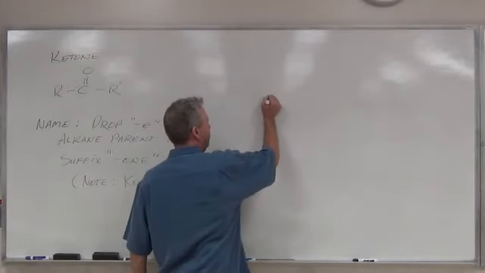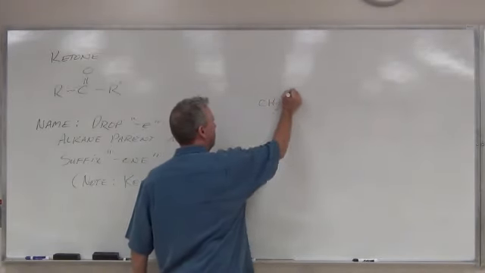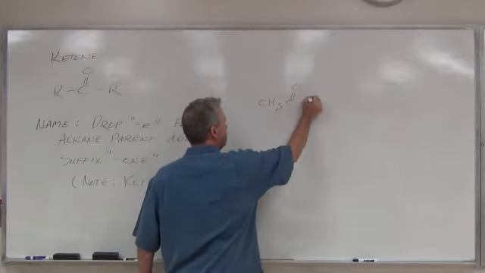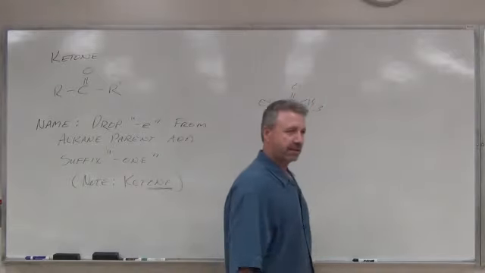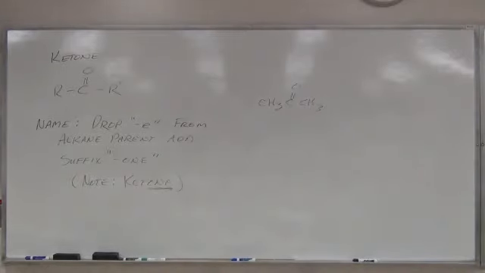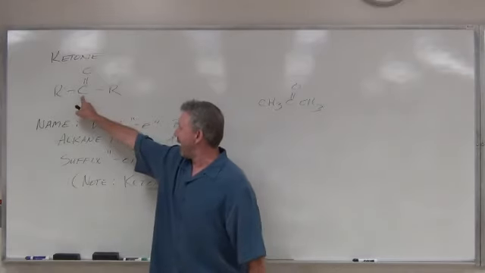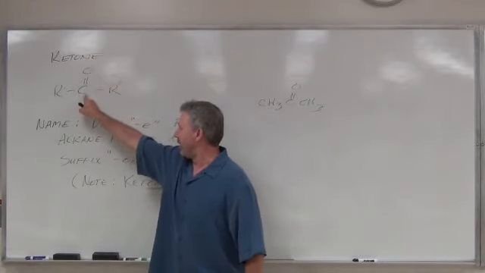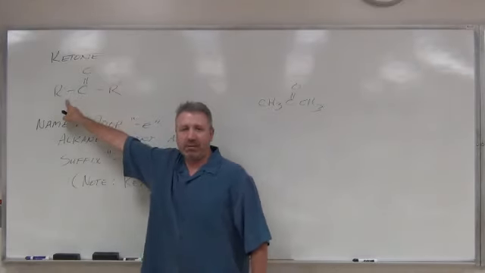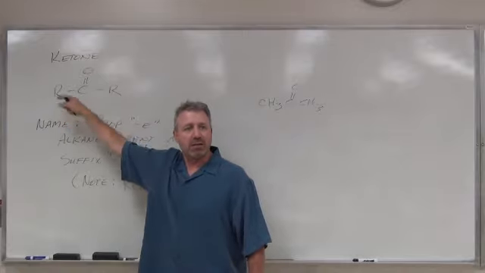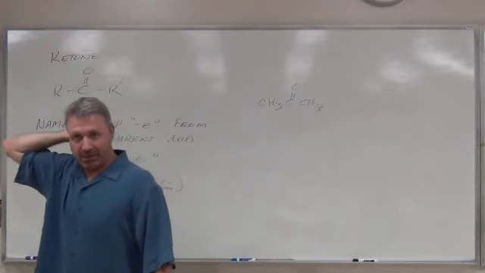Now our first ketone is at C3, right? Why? That's right. If you have to have a C double bond O and it's got to be connected to carbons on both sides, the smallest alkyl group is the methyl.